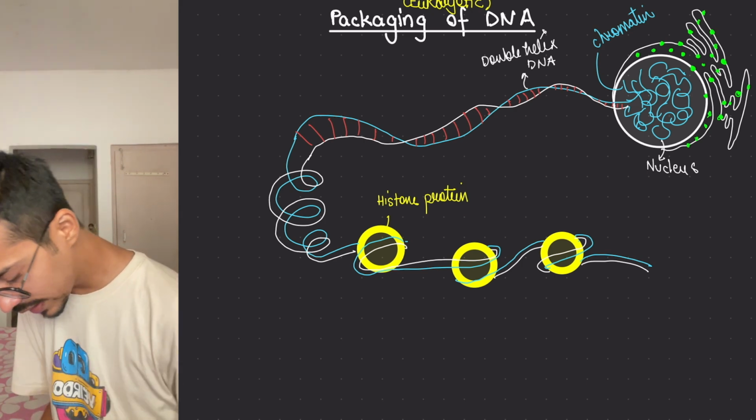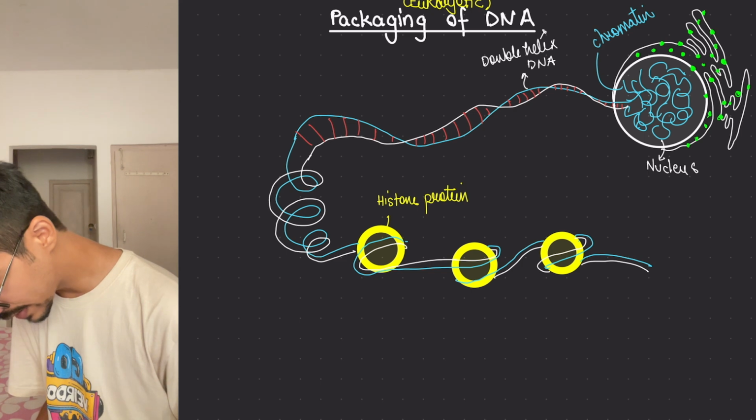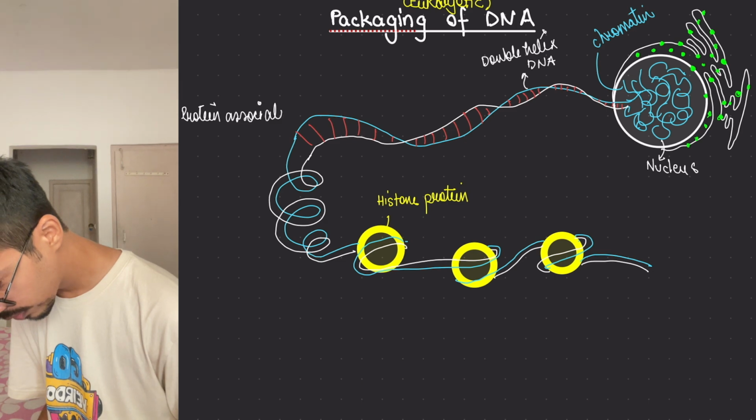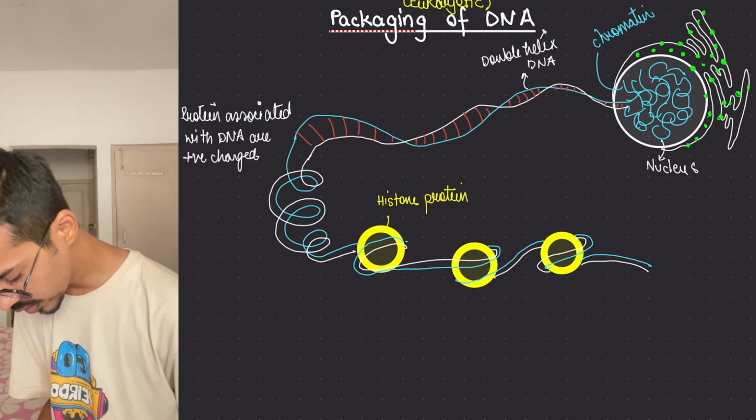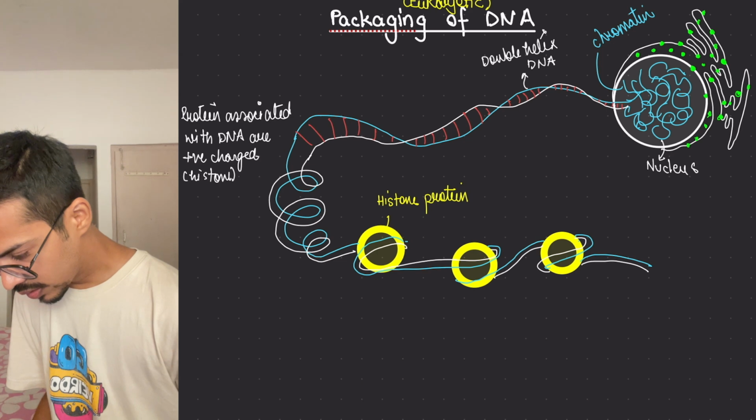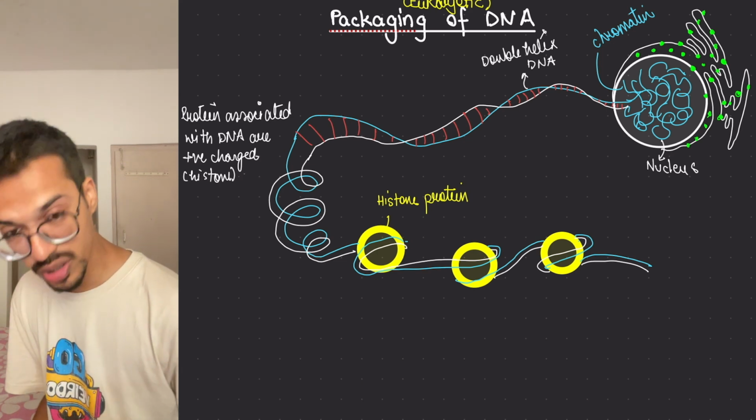So this we're going to be writing up over here. Protein associated with DNA are positively charged, which are what? Histone, in eukaryotes.